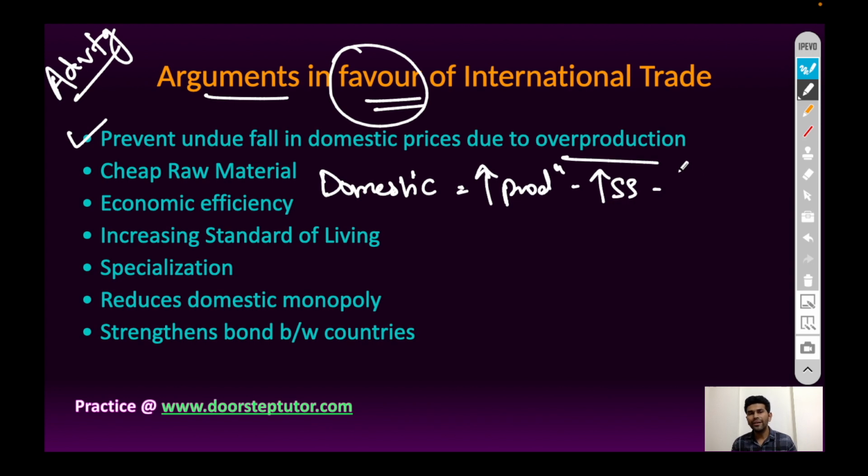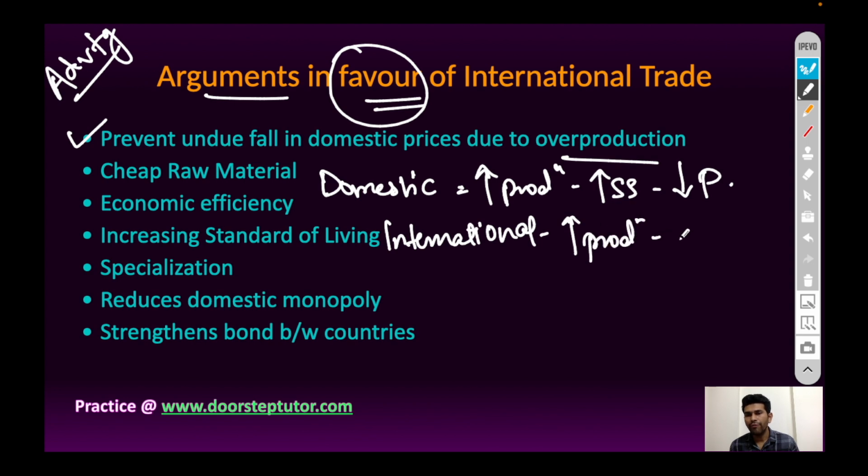When supply is more and demand is constant, the price will reduce. And if business operates in the international market, then the extra production will be exported to another country.